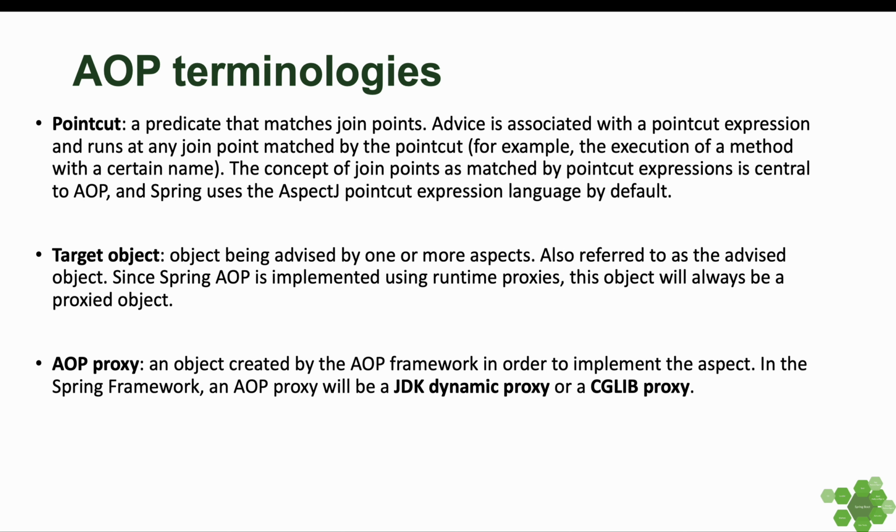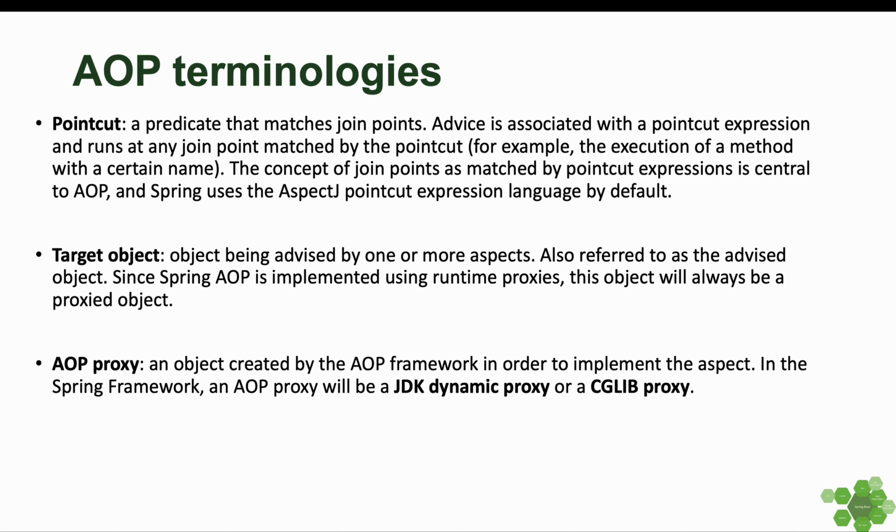So an advice is always associated with a pointcut expression and runs at any join point matched by the pointcut. For example, the execution of a method with a certain name could be a pointcut expression. The concept of join points as matched by pointcut expressions is central to AOP, and Spring uses the AspectJ pointcut expression language by default.